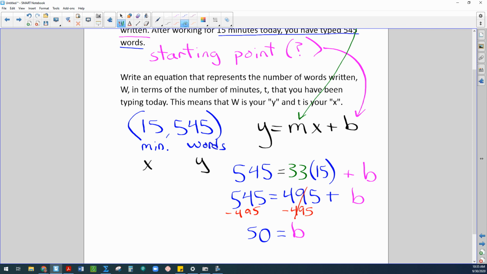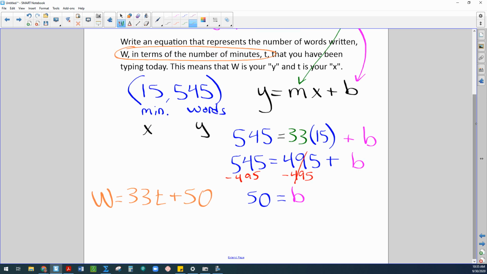So my equation, if I use W in terms of T, is going to say the total number of words that I'm writing is going to be given by 33 words per minute, 33T, plus the 50 words I started with. Or again, you could use Y and X, that's fine. Y equals 33X plus the 50 words I started with.